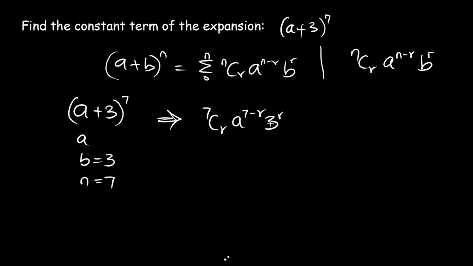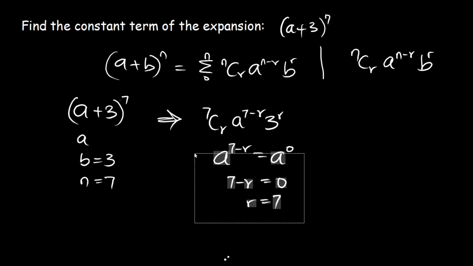Remember, we said that the constant term is when a is raised to the power of 0. So we are going to take a here and equate it to a raised to the power of 0. That gives a raised to the power of 7 minus r equals a raised to the power of 0, and we find the value of r by comparing the powers to have 7 minus r equals 0. r is 7. So at r equals 7 is when we will have the constant term.